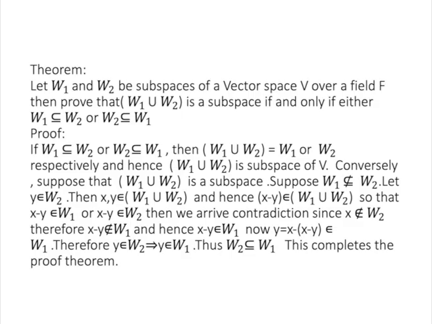Proof: if W1 is a subset of W2 or W2 is a subset of W1, then W1 union W2 equals W1 or W2. Suppose W1 intersection W2 is there, we will write W1 and W2.